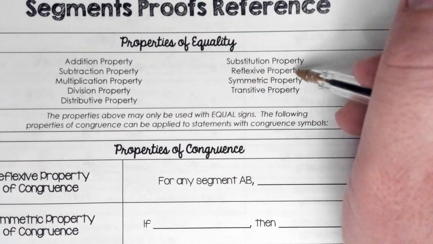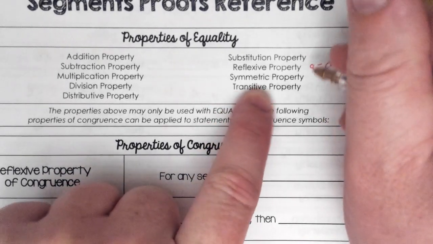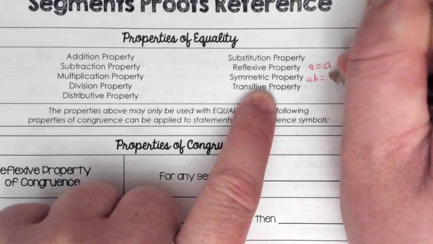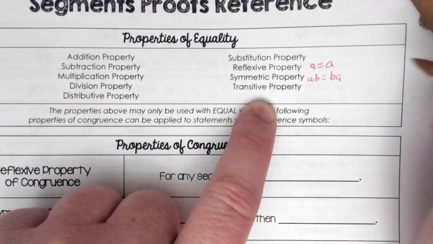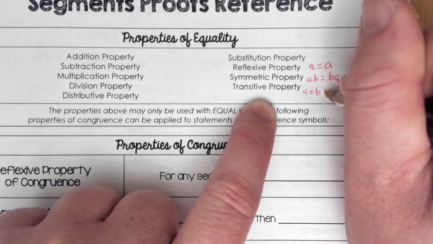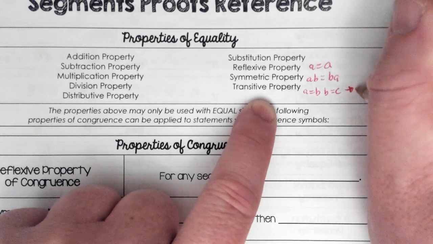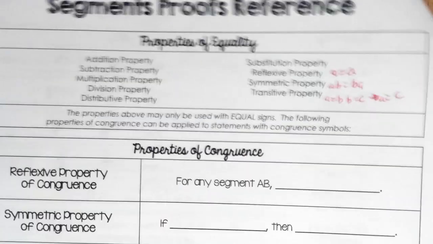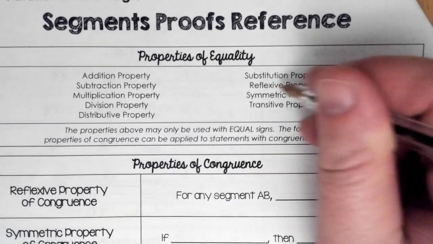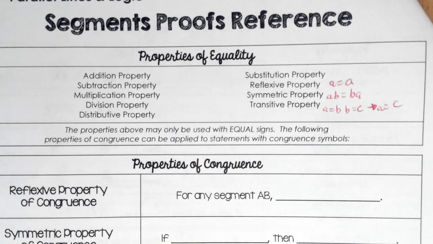We know the reflexive property, where A equals A. We know symmetry, where AB is equal to BA, you just flip it around, and transitive: A equals B, B equals C, so thus A equals C. All right, so you don't have to write those down, but I just like to have them all in one spot. So these are all the things you just learned a second ago. And you're like, you know what? I actually know all those, which is awesome.